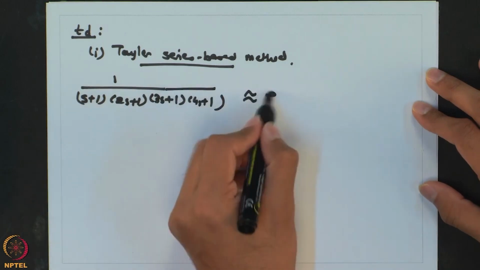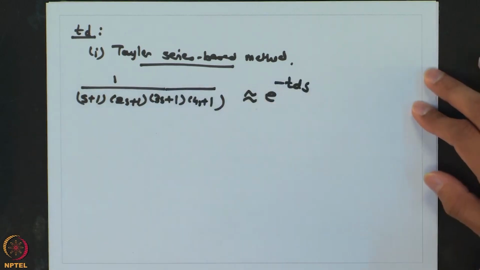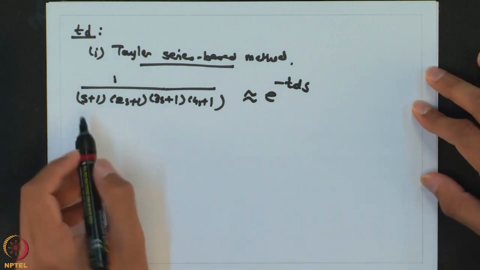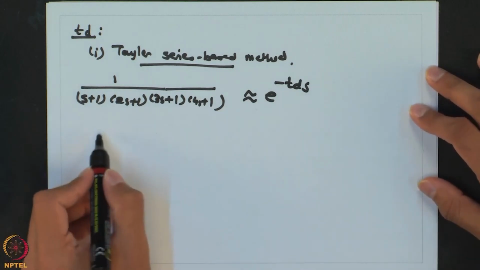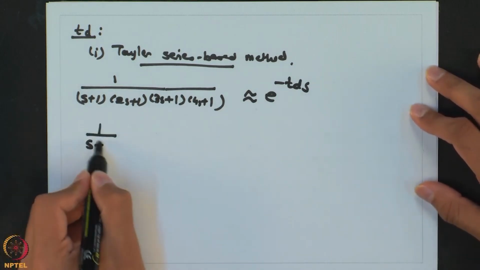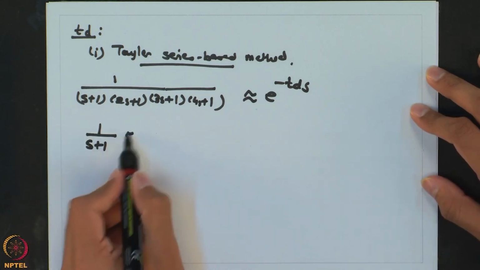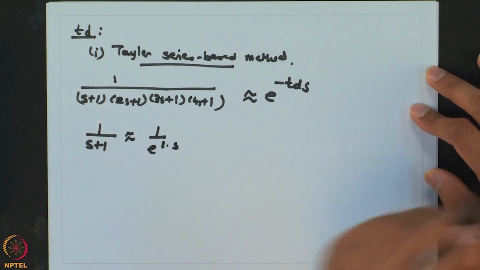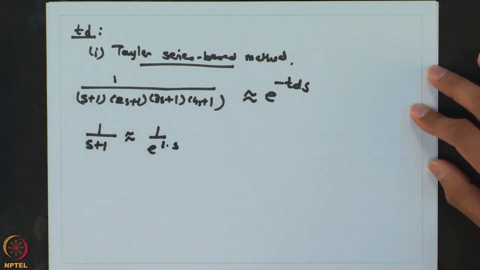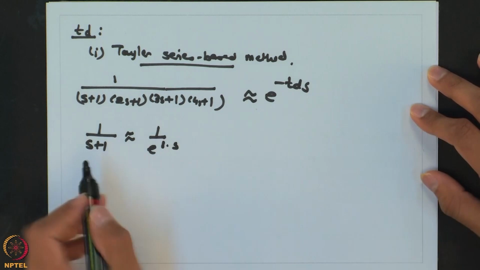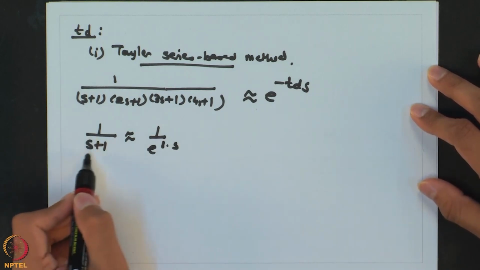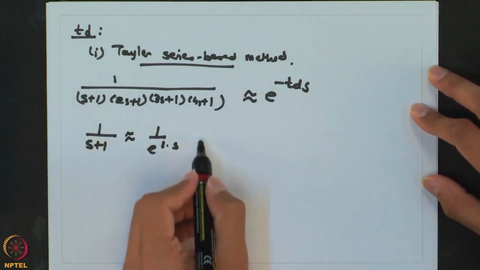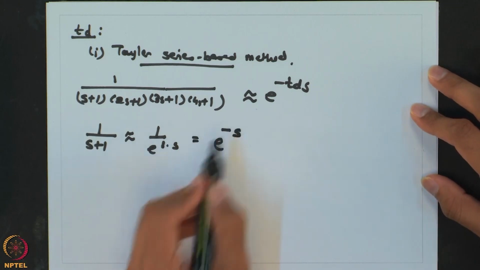So we approximate it as e raised to minus Td s. The way we do it is, we try to write each of these. So let us say if I take s plus 1, this is approximately equal to e raised to power 1s, because if you take the Taylor series expansion of e raised to s, it will be 1 plus s plus s square over 2 factorial. So this is approximately equal to e raised to s, which is equal to e raised to minus s.